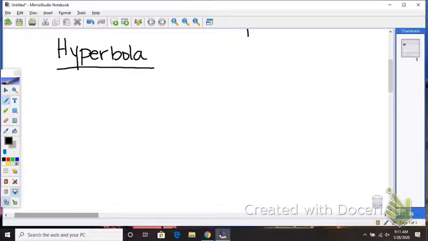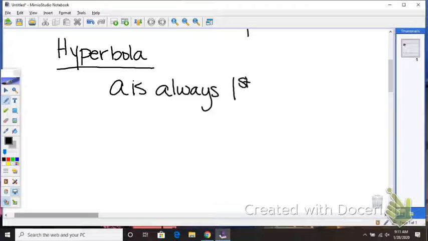I'm going to tell you all the things that are most important. With the ellipses, I said A was always the biggest. With hyperbolas, A is always first. So it's always going to be the first number that you see.